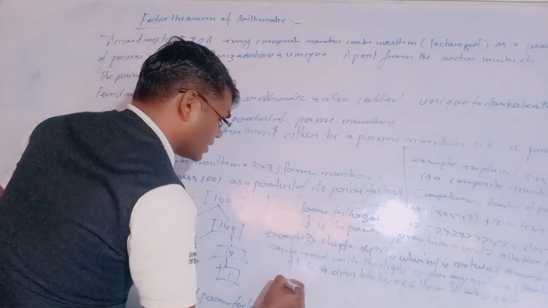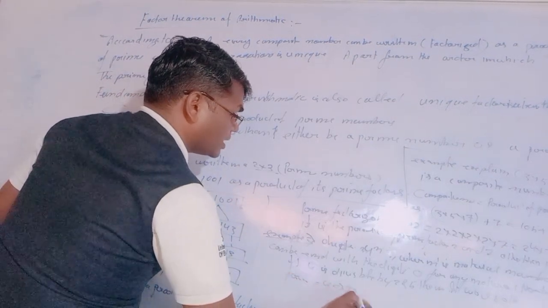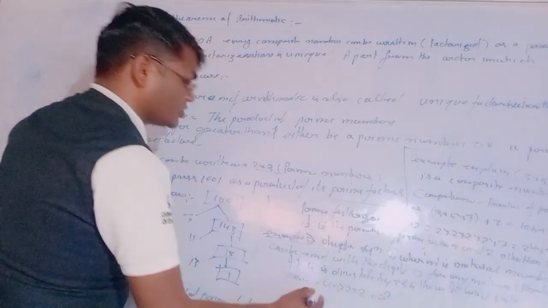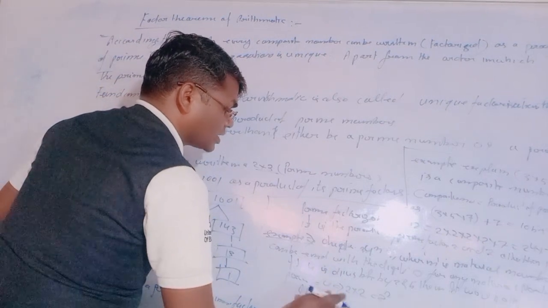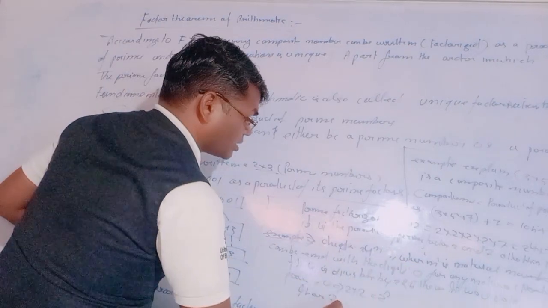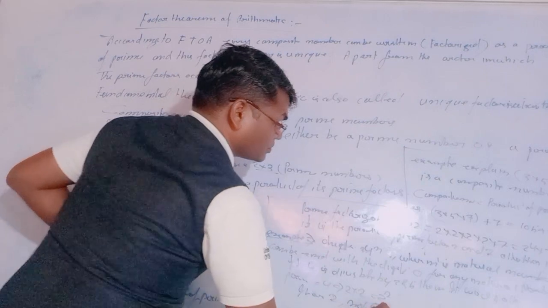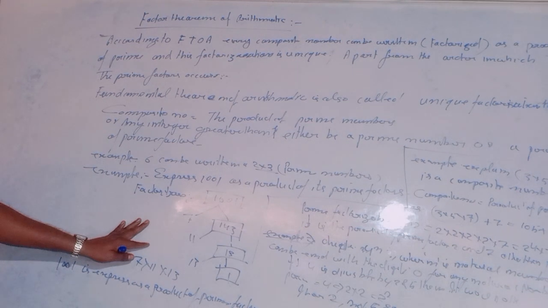The prime factors of 4: 4 is equal to 2 into 2, which is 2 power 2. So it has only the factor 2, not 5. So this number cannot be divisible by 5, and our assumption that 4 to the power n ends with 0 is wrong.